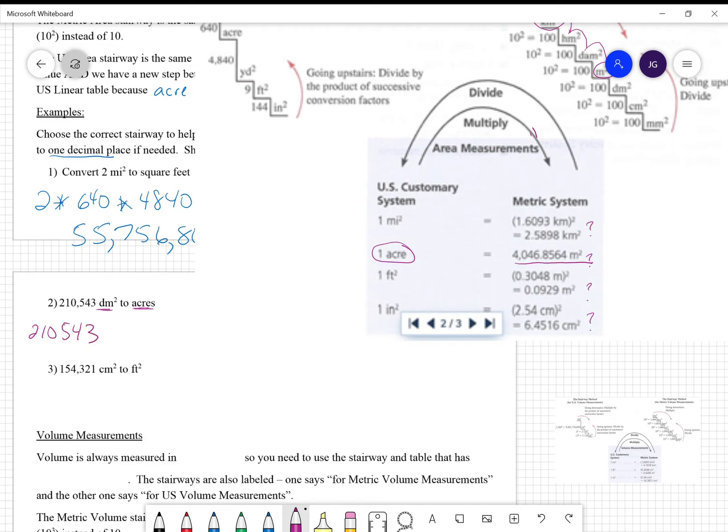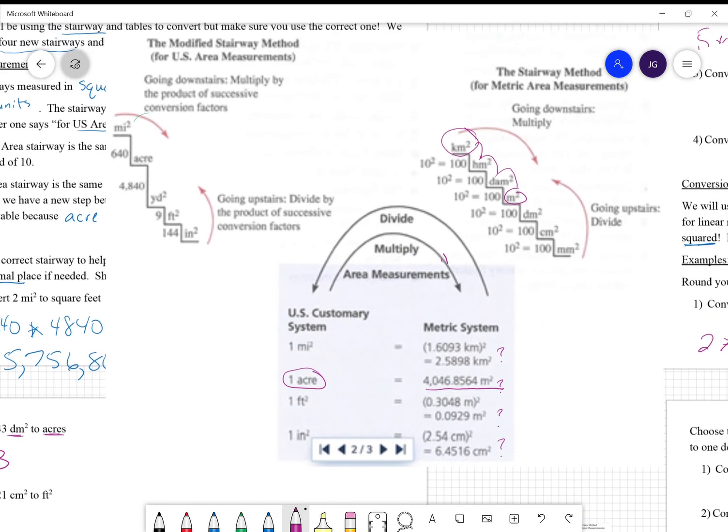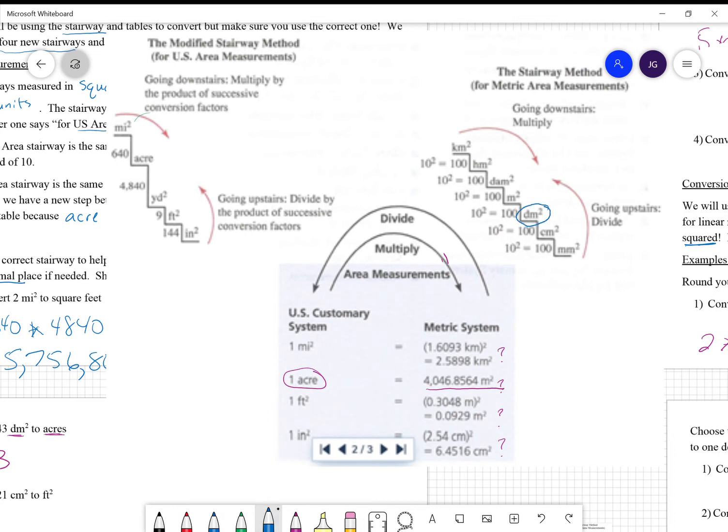And to do that, I have to use my steps. I want decimeters squared to be converted to meters squared. So I'm going up one step, which is divided by 100.